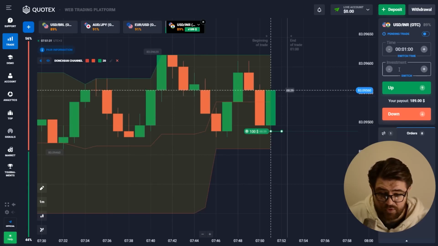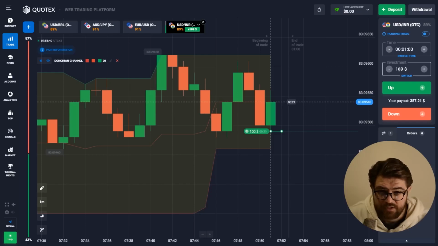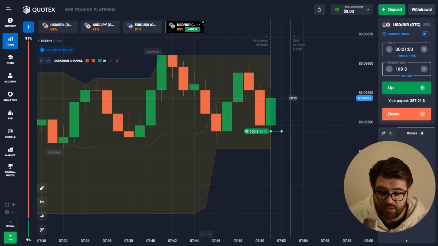So we'll see a result soon, but just to let you know, guys, this is the reason behind my decision, right? So again, we have this pattern, and obviously we can draw a support line at the bottom.